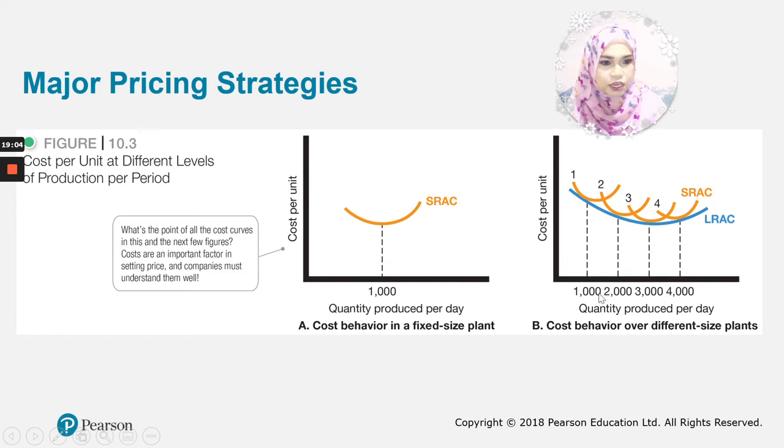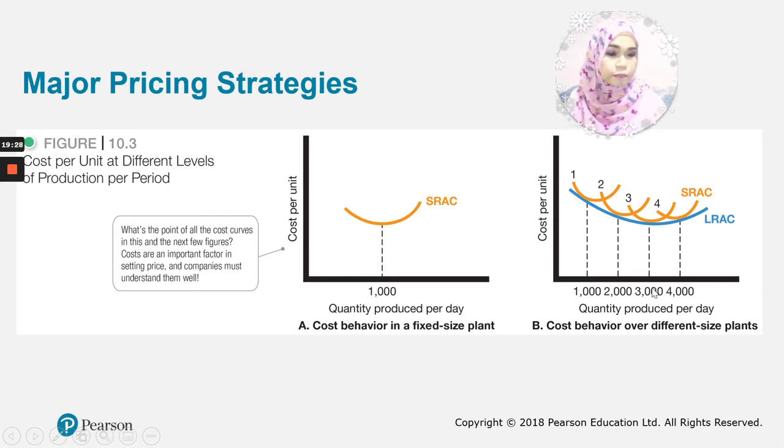But if you talk about the long run, if the company produces 1000 units, you will see that the cost will be more expensive. If you produce at a certain level, it will be lower, at certain production units, which is at, let's say, here 3000.